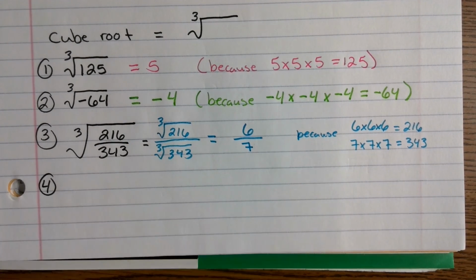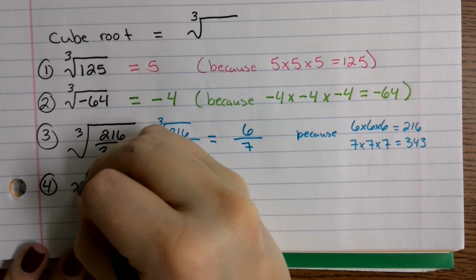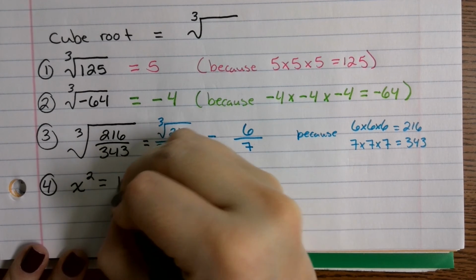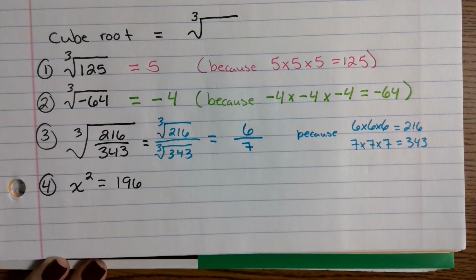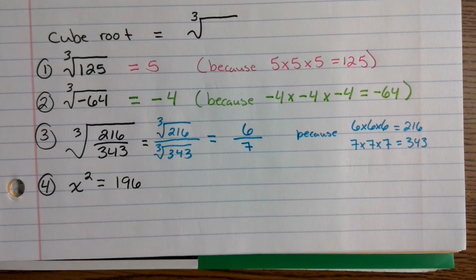Now, as I've been saying over and over again, the opposite of a square is a square root. So if you get a problem like x squared is equal to 196, in order for you to be able to solve it, your inverse operation is to take the root.